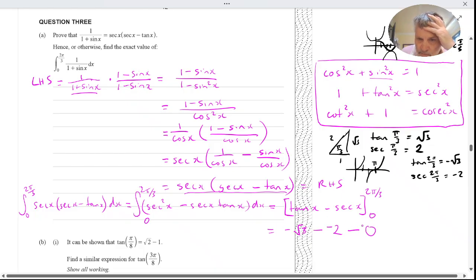And that's minus sec of 0 is 1. So we get plus 2 plus 1 is 3, and then minus root 3 is the answer.